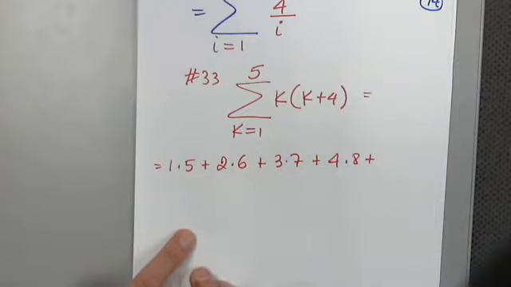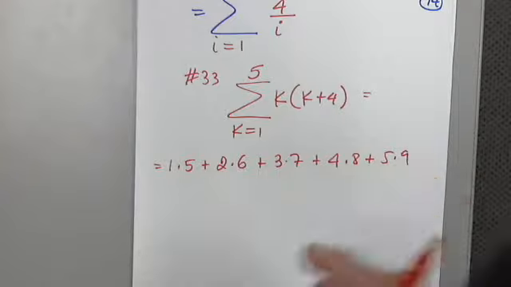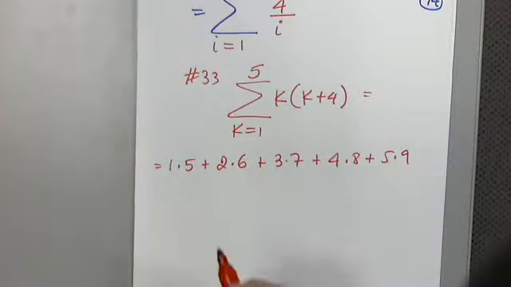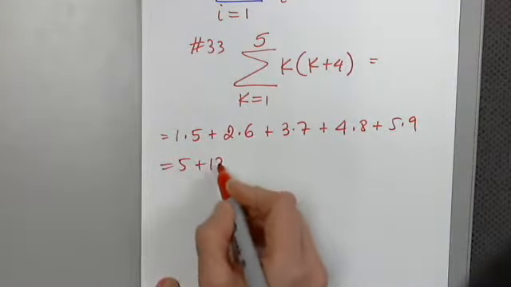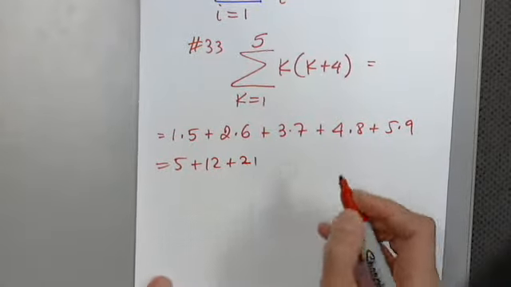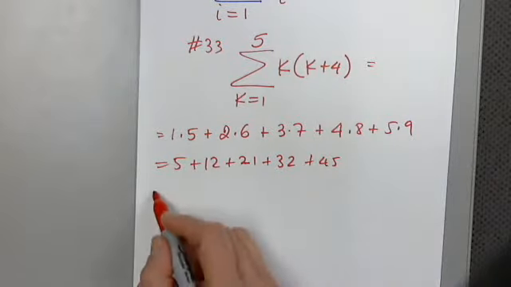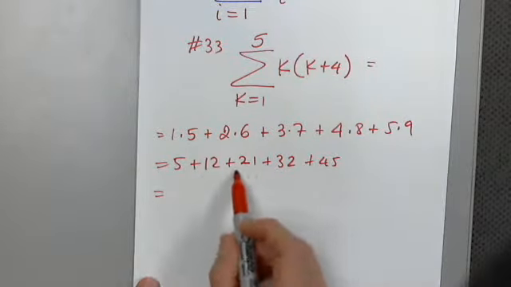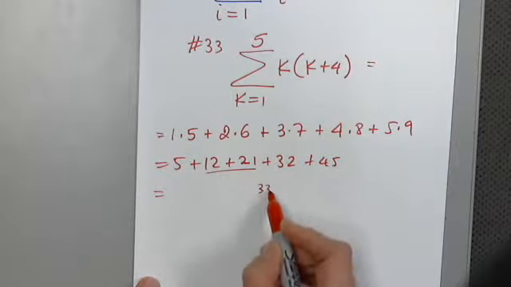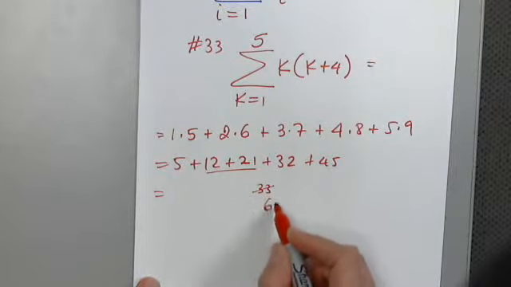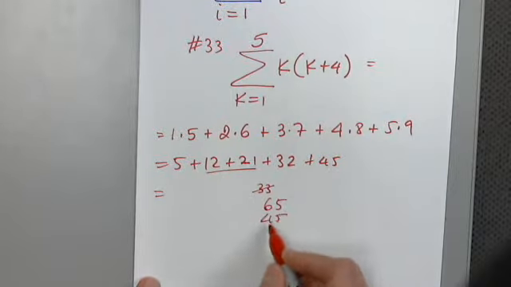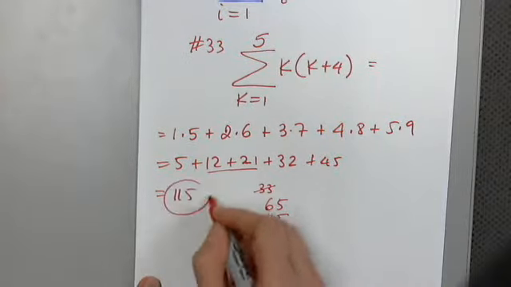When k is 5, 5 times 9, indeed. So this is 5, and this is 12, and this is 21, and this is 32, and this is 45. So what do I have? So this is 33, and 32, that's 65, and 45 is 110, 115.